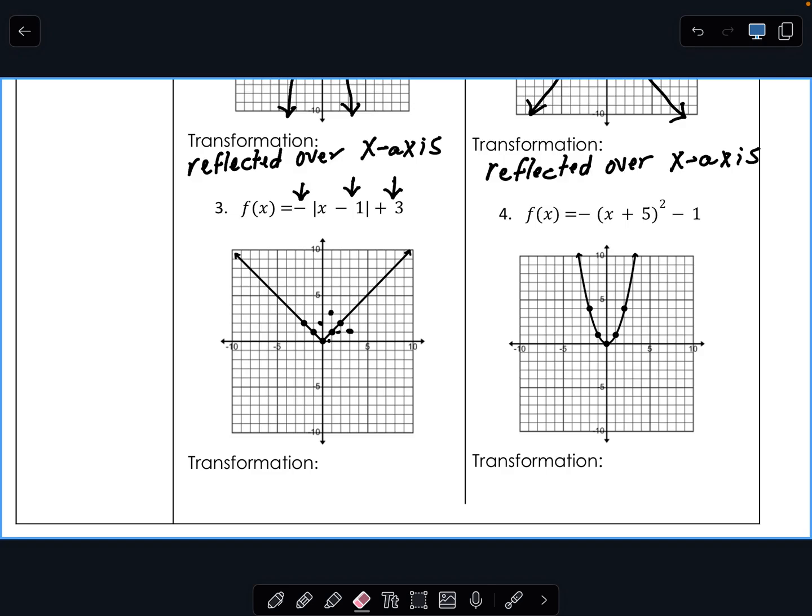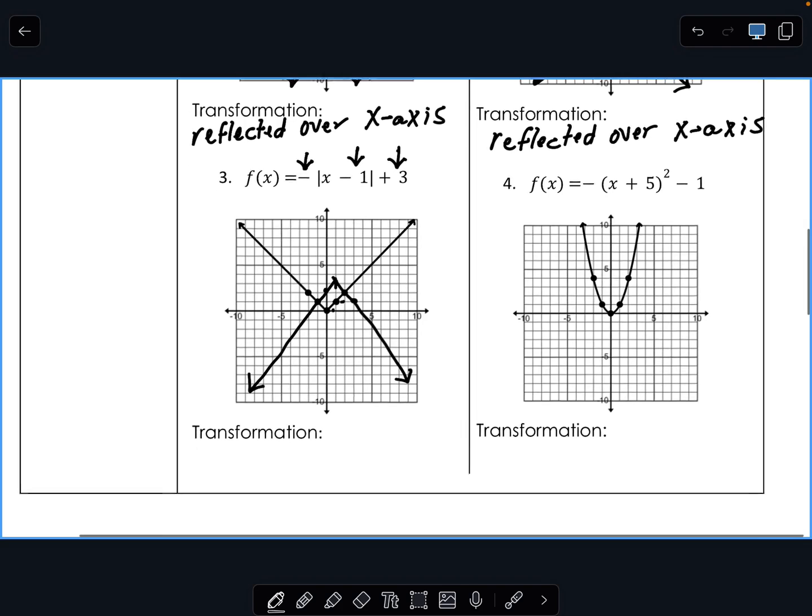So now I have moved it and reflected it. Ooh, darn it. Why did I do that? I used my eraser instead of my... There we go. Okay. Flipped it. So first I moved it, then I flipped it. That's how I suggest that you do it.